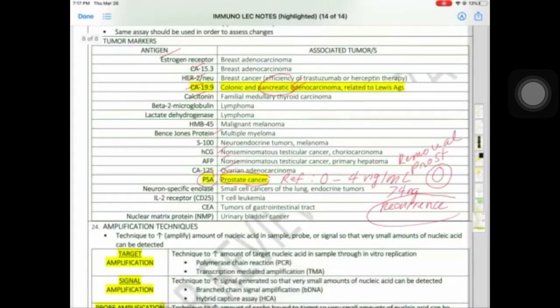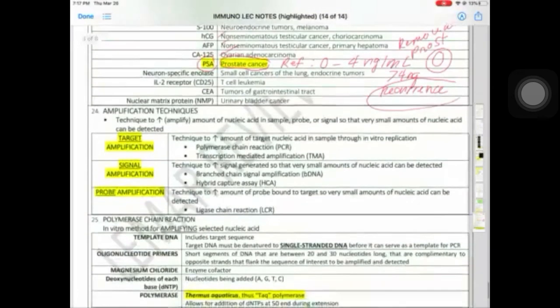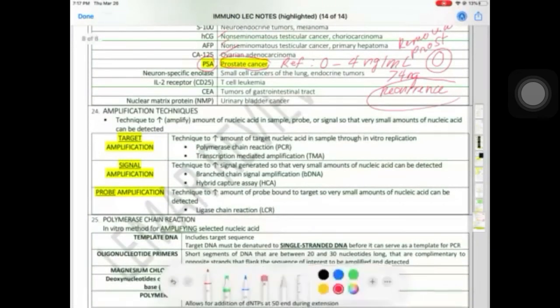Kung may papatanda din ako, huwag kakalimutan yung mga different amplification techniques. We have target amplification technique, signal amplification technique, probe amplification technique. PCR is an example of a target amplification technique.